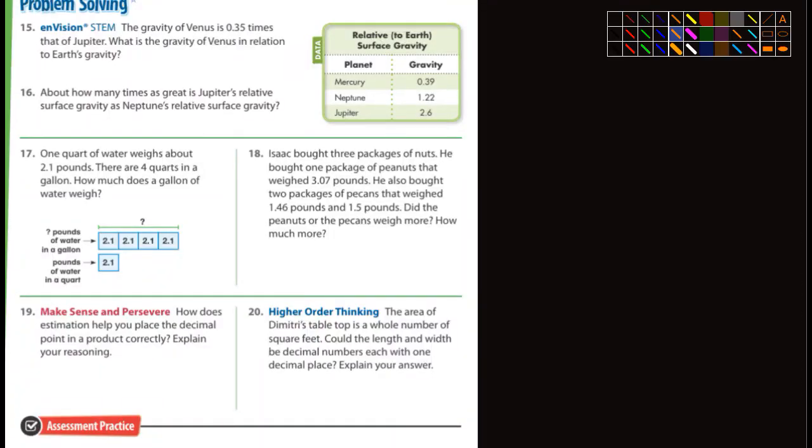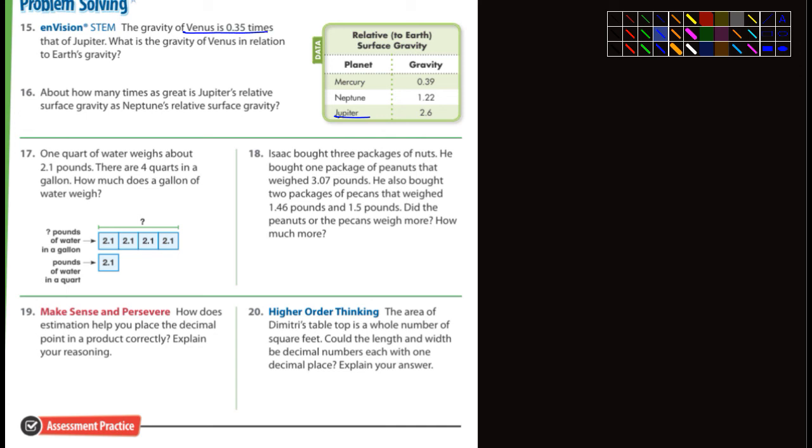Number 15. These 15 and 16, I think the questions are kind of confusing the way they worded them. All right, so 15, it says the gravity of Venus is 0.35 times that of Jupiter. So there's Jupiter. They don't even list Venus, except for right here.